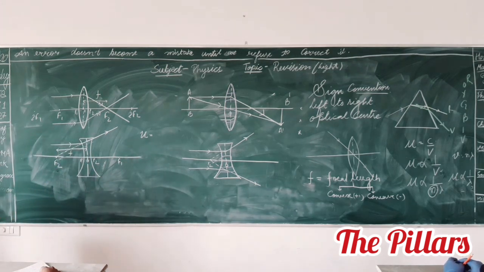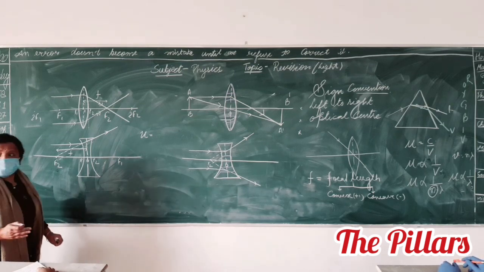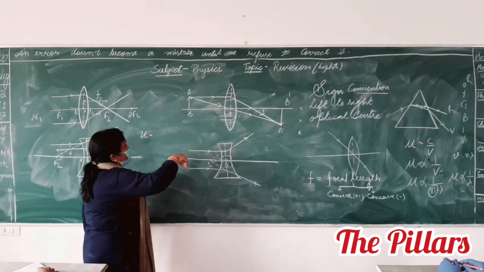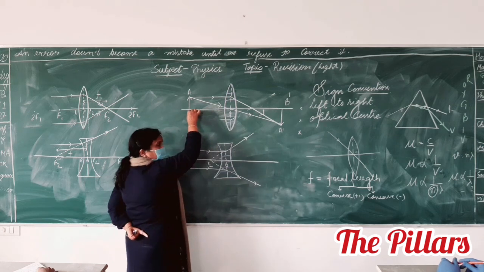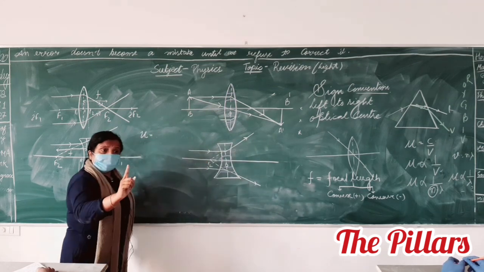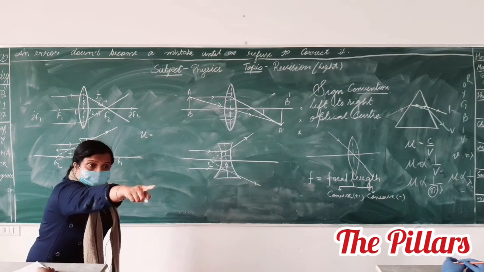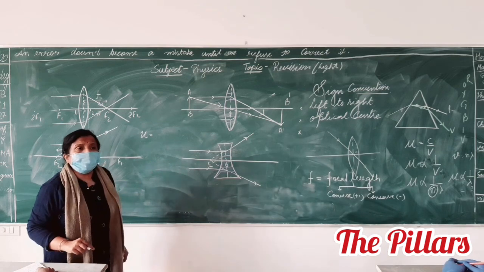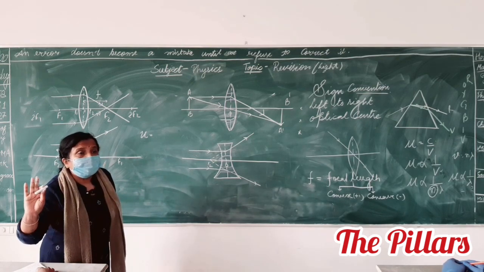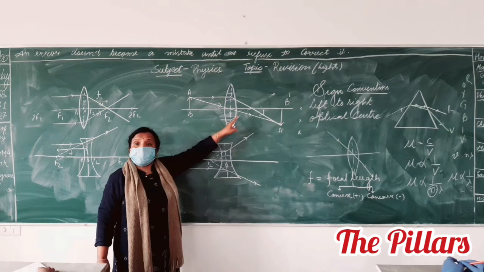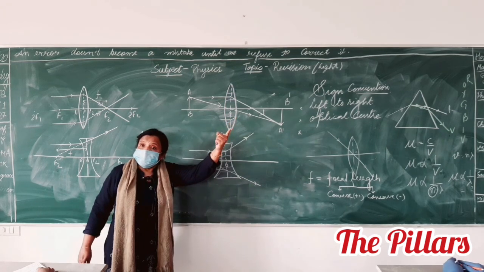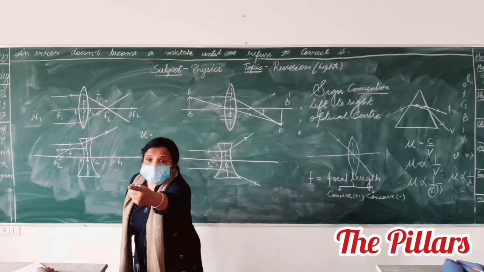Now object distance, whether it's a mirror or a lens, you always place the object in front of the lens or the mirror. Right? If it is in front, this is the object. Tell me first of all, which one is object distance? Kartike? BO. He is saying BO is the object distance. Absolutely correct. Whether it will be positive or negative, don't play with me.